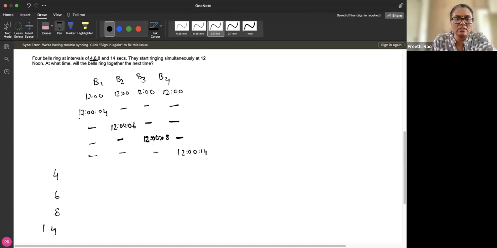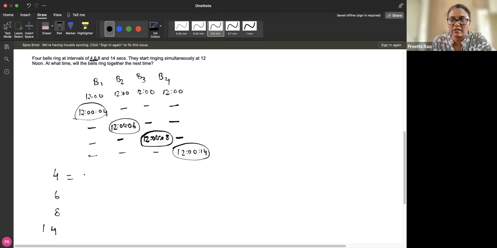Bell 1 repeats after every 4 seconds, bell 2 after every 6 seconds, bell 3 after every 8 seconds, and bell 4 after every 14 seconds. So all 4 of them will ring at the same time when they have a common multiple.